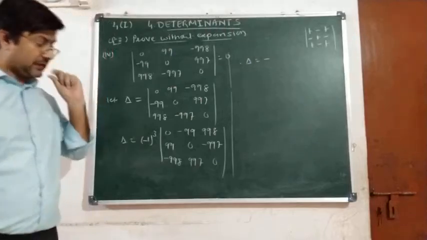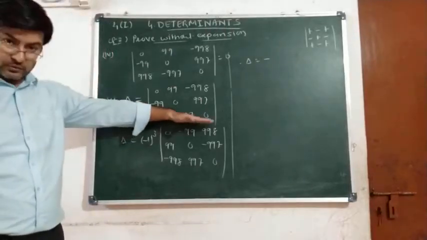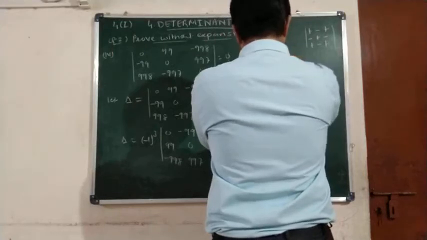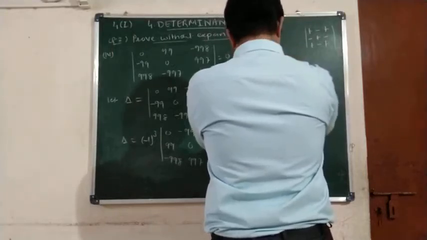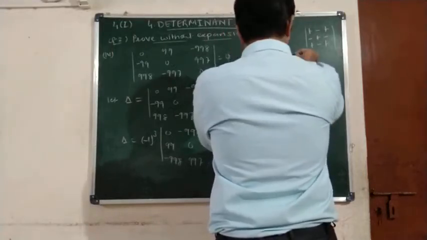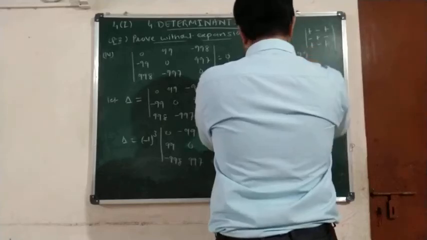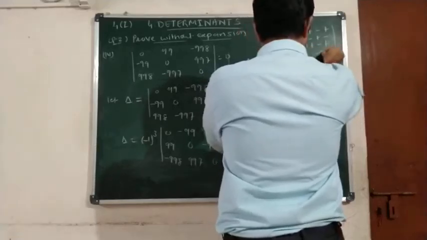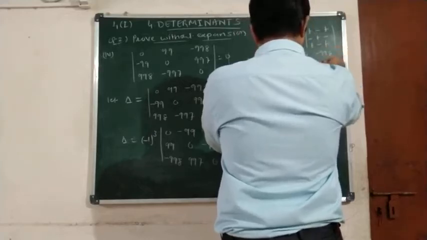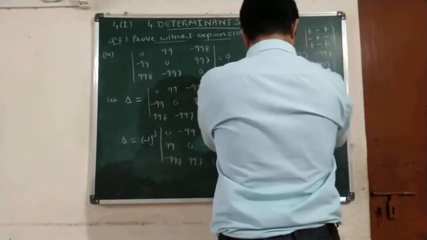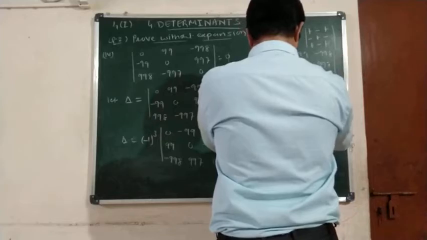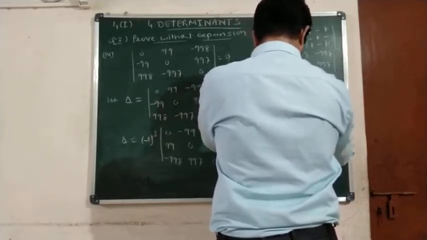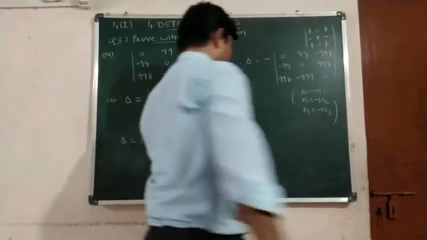Further, now the second step what I will do, I will change all the rows into columns. Okay, so changing all the rows into columns, I will get R1 C1, R2 C2, R3 C3 we have done.